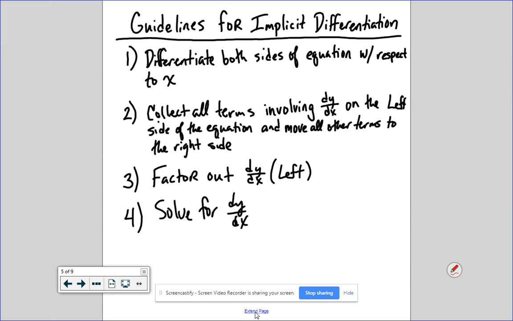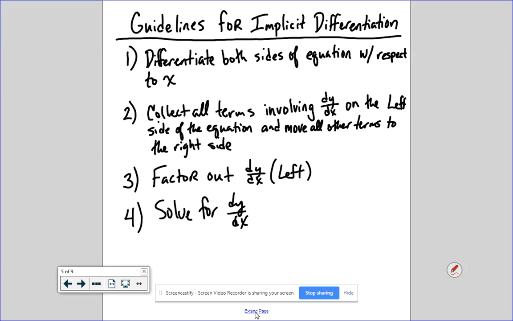Guidelines for implicit differentiation. One, you're going to take the derivative of both sides of the equation with respect to x. When we're doing this, we are assuming it's x unless we are told something different. And we'll talk about an example of that later. Two, collect all terms involving dy dx on the left side of the equation.